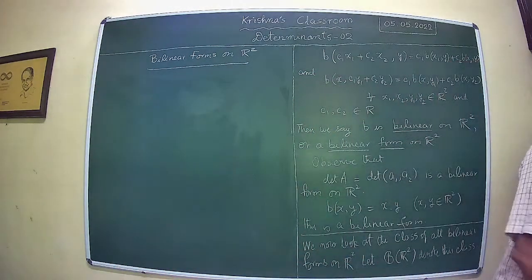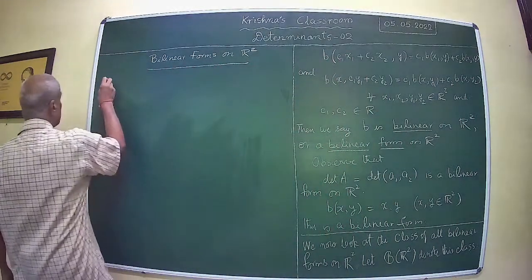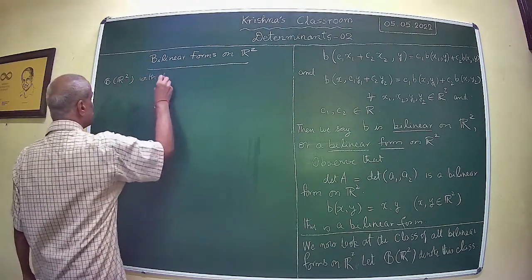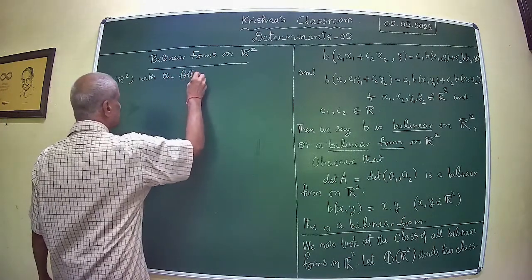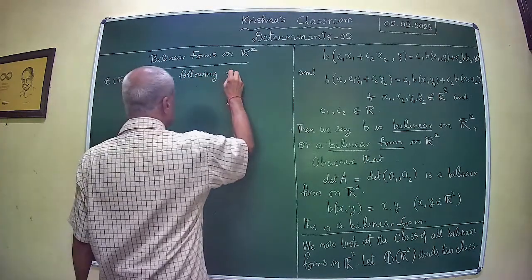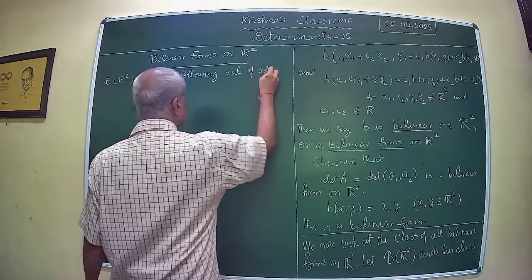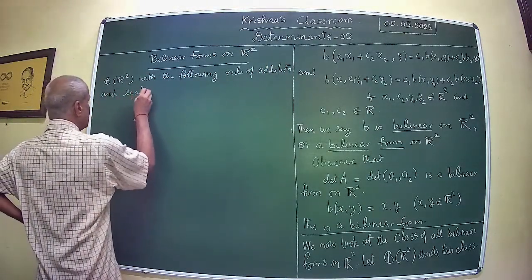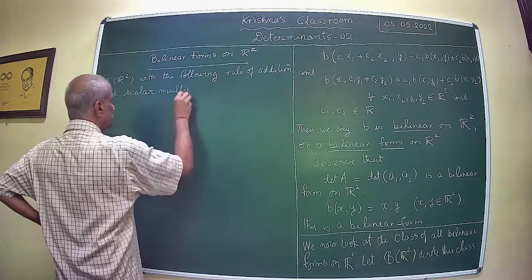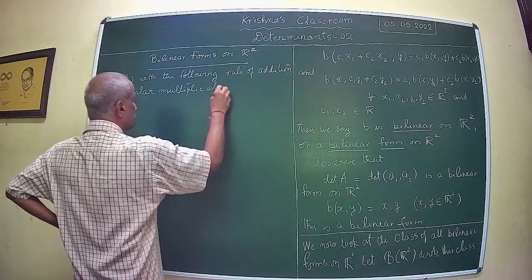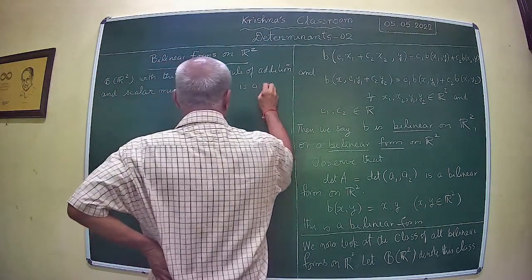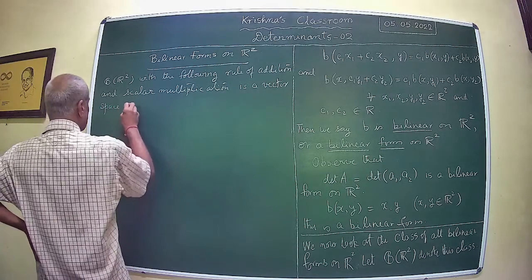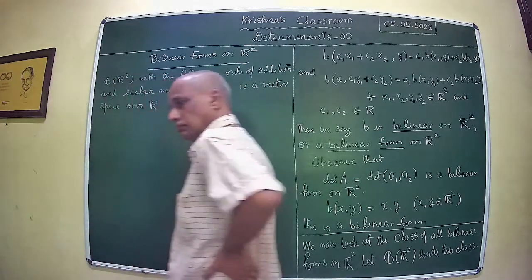The first thing that you observe is that B(R2), following addition and scalar multiplication, is a vector space over R.